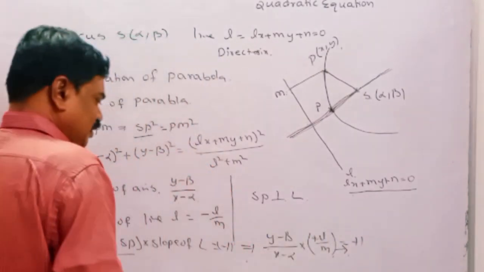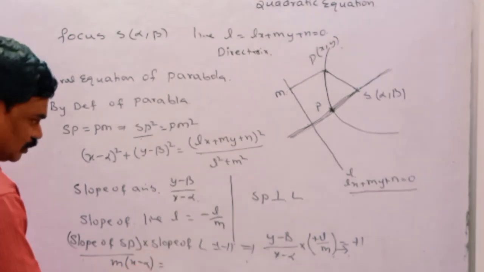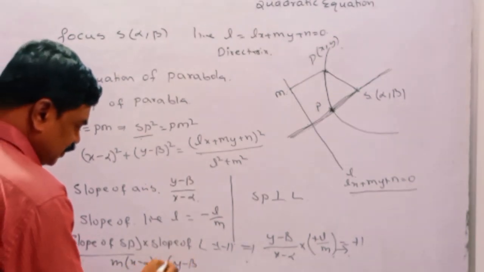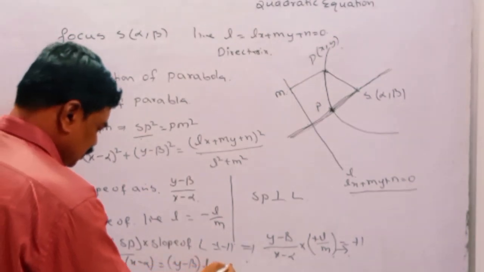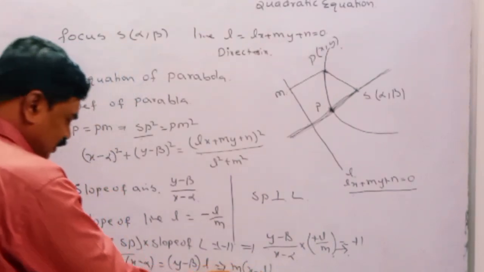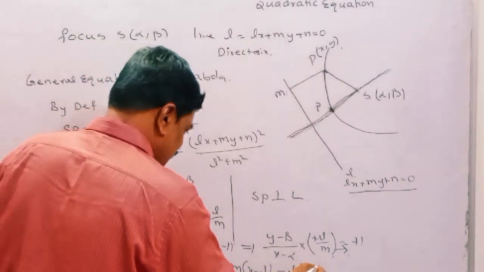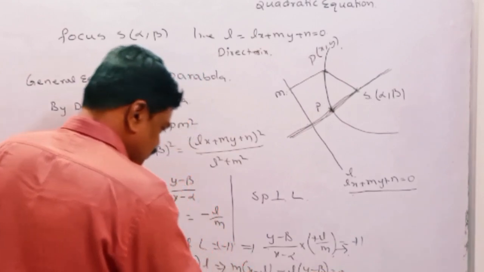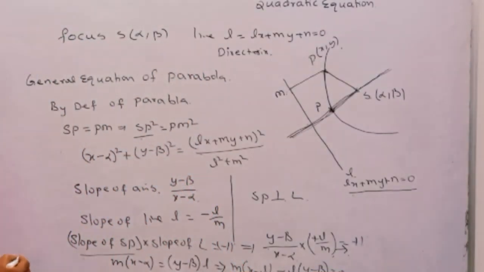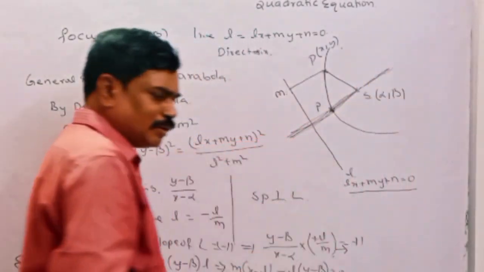By cross multiplication, M into (x minus alpha) is equal to (y minus beta) into L. It will give M(x minus alpha) minus L(y minus beta) equal to 0, which is the equation of the axis of the parabola.